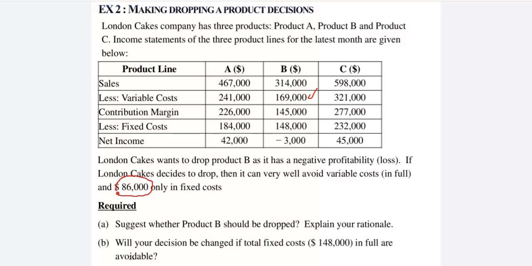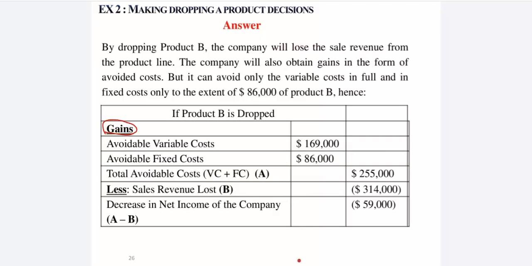So I will write all avoidable variable cost اللي هي 169 والavoidable fixed cost 86 واجمعهم على بعض، يبقى التوتال avoidable cost اللي هي total gains from dropping the product will be $255,000. يعني by dropping the product the company will save $255,000. الشركة هتوفر 255,000. Very good.